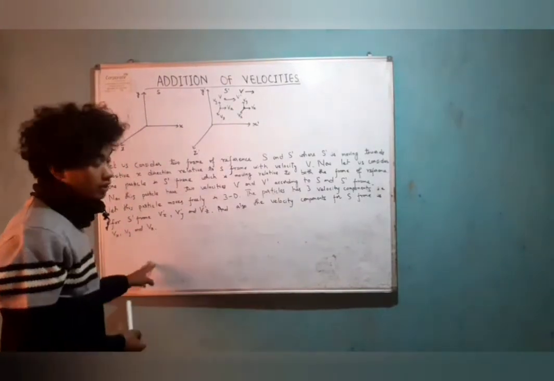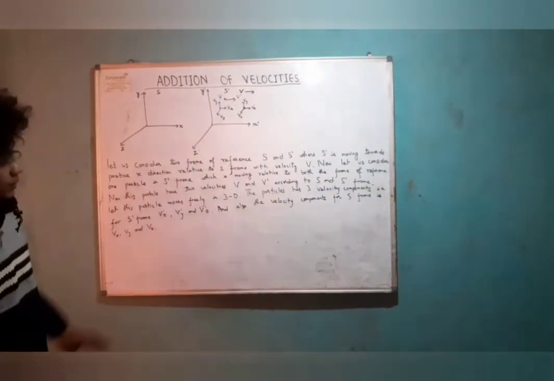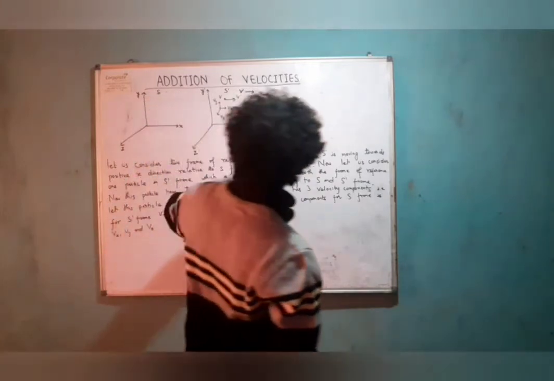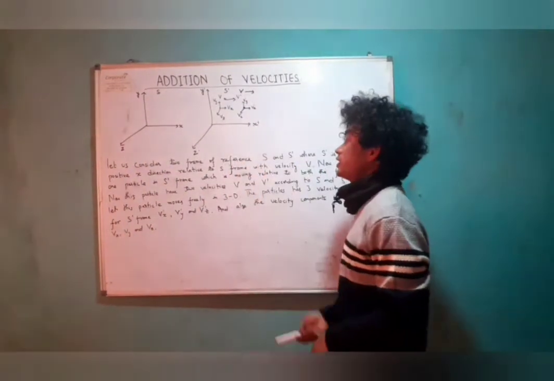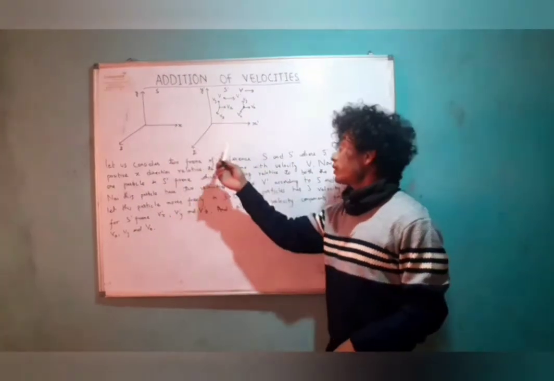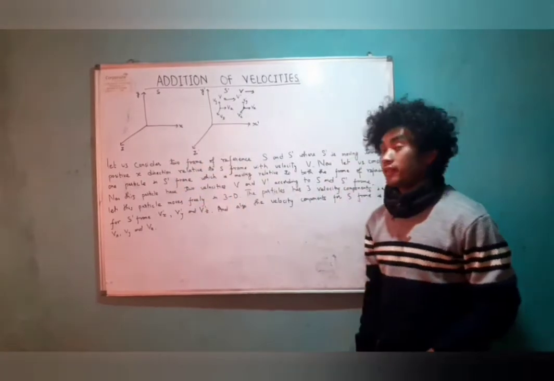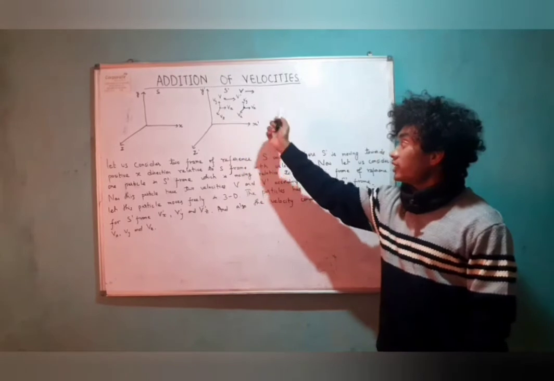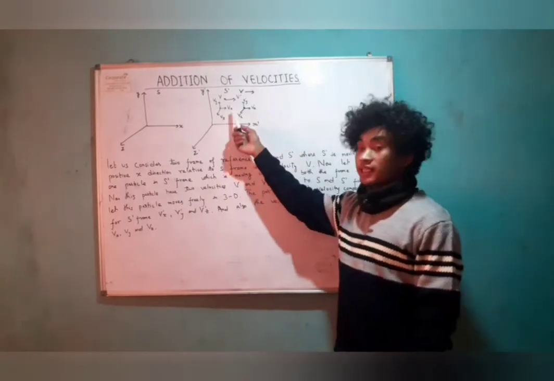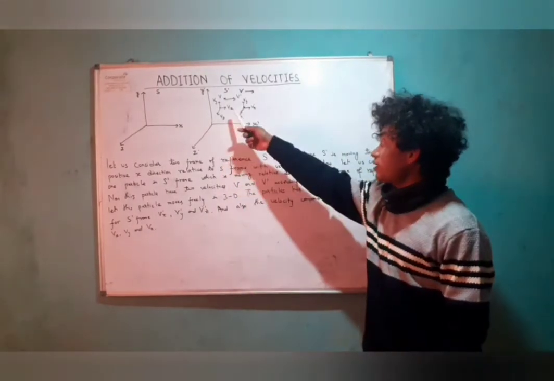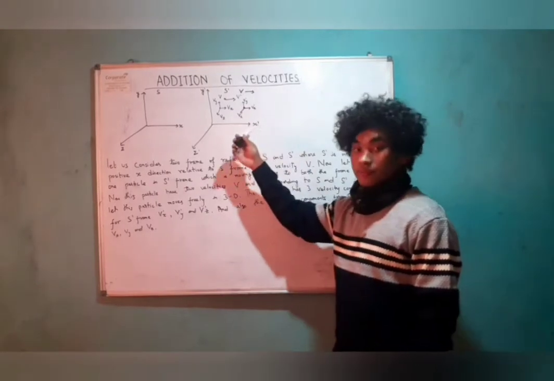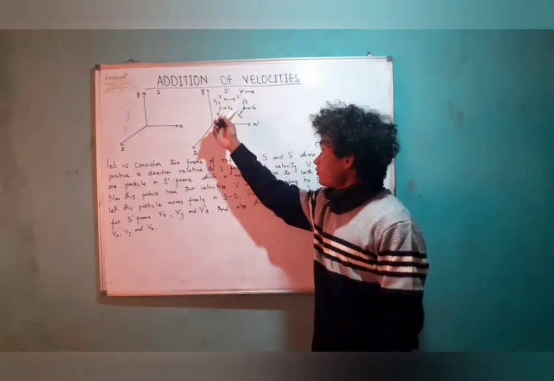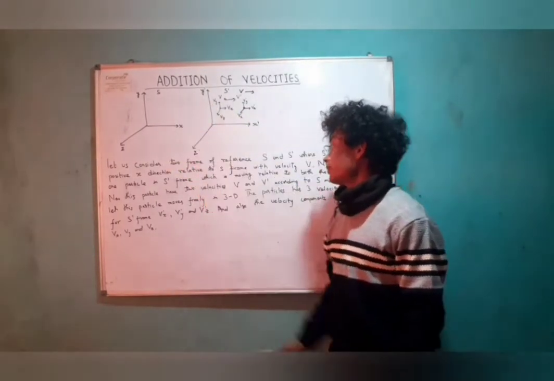So these all are the assumptions that we have taken for this topic, addition of velocities. We have considered here two frames, S and S prime frame, and one particle that is moving freely in 3 dimensions, and this particle is moving relative to both S prime frame and S frame.